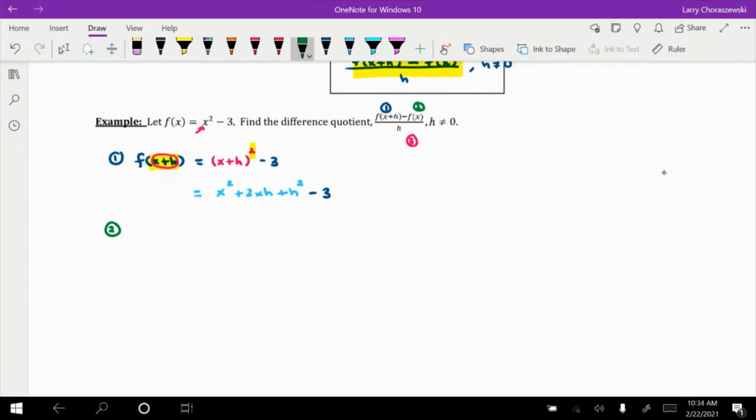which means we'll move on to step 2. And step 2 tells us to subtract the original function from what we just got in step 1. So here's what I'm going to do. I'm going to rewrite what we got in step 1. And I'm going to subtract the original version of the function, which has 2 terms, reason for brackets here.